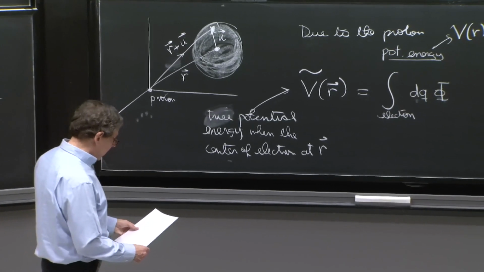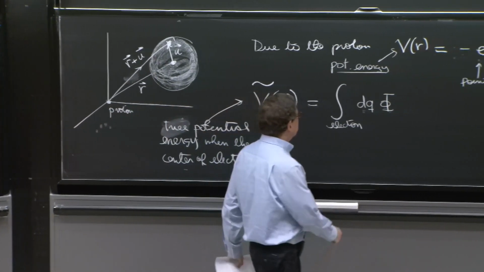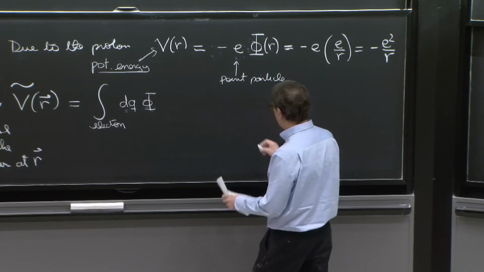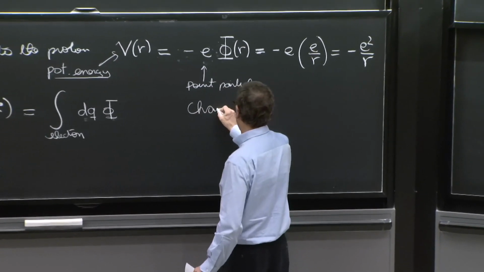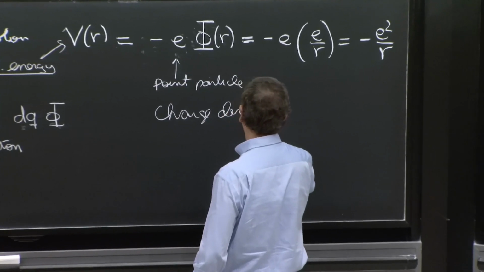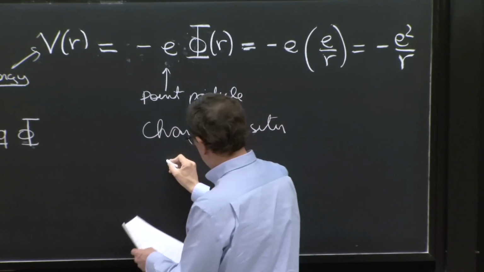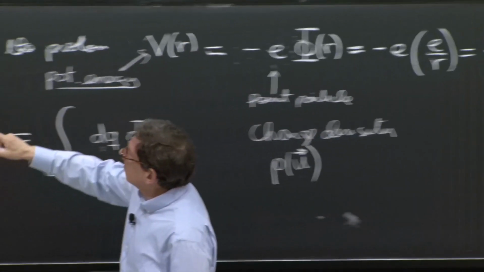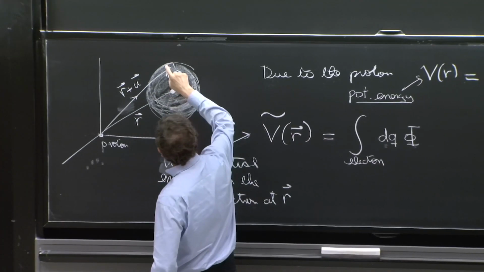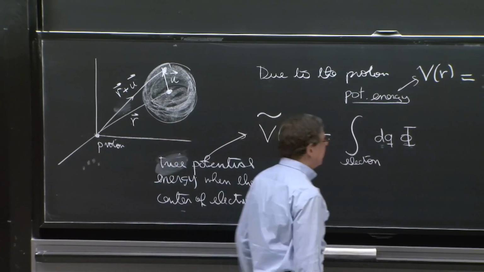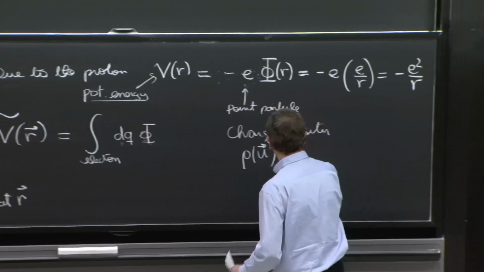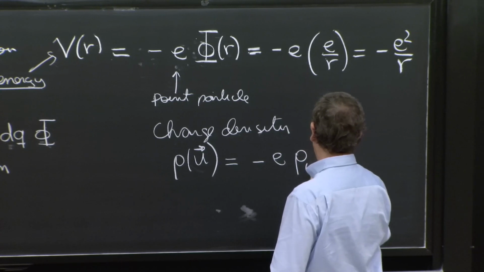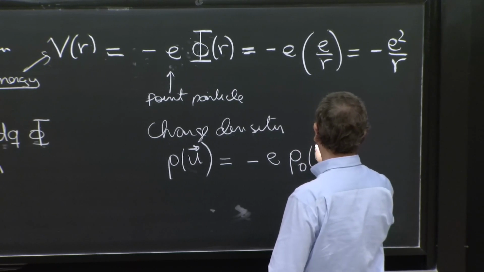So let me use a terminology here. I will describe the charge density, rho of u, the density of charge at a position given by a u vector. I'll write it as minus e times rho 0 of u.